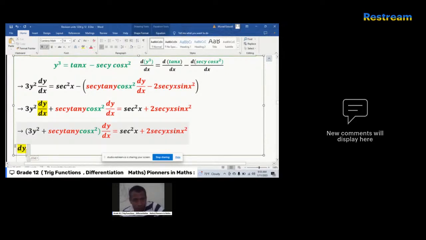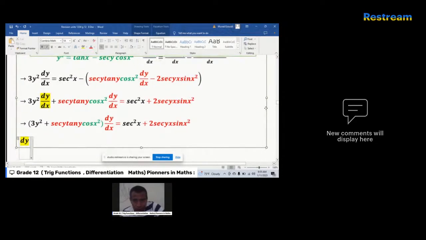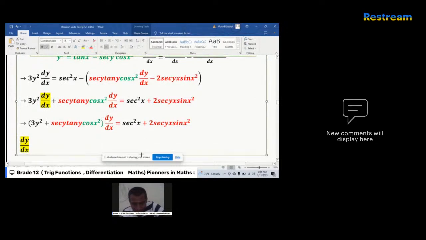It will be equal. Okay, I will extend just a little bit. Yes. Therefore, learners, dy with respect to x is equal to what? Dy with respect to x is equal to sec square of x plus 2 sec y sine x square.